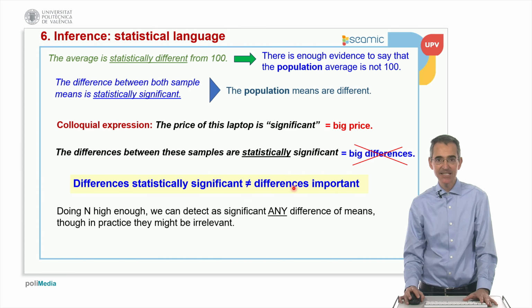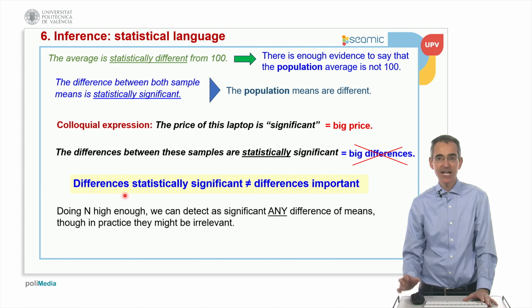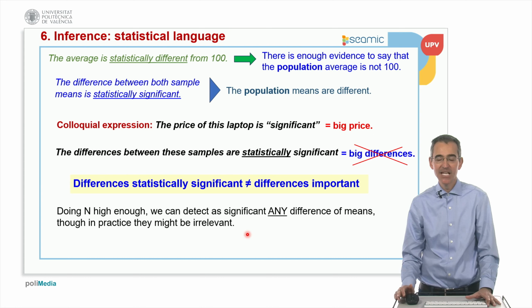It is just that at the population level, the difference in the mean or the standard deviation is not the same. But in practice, the difference can be small, because with a high enough sample size, we can detect as significant any difference of means, though in practice they might be irrelevant. Sometimes we work with thousands of data, and when we work with a lot of data, most of the inference tests will lead to rejecting the hypothesis.